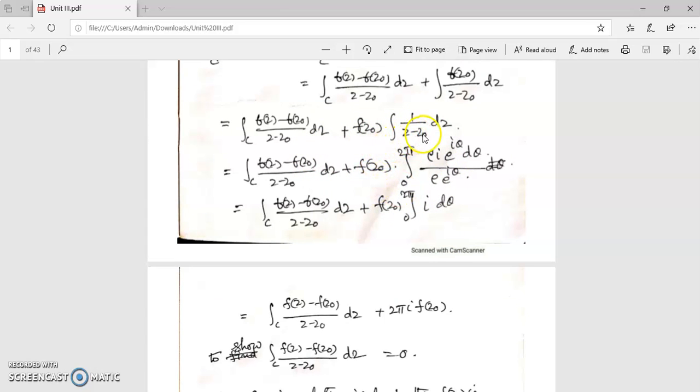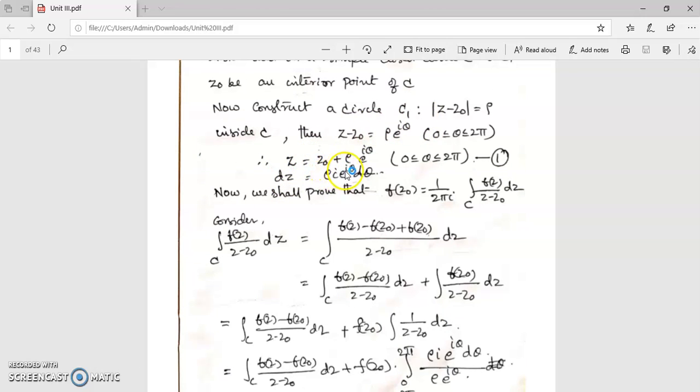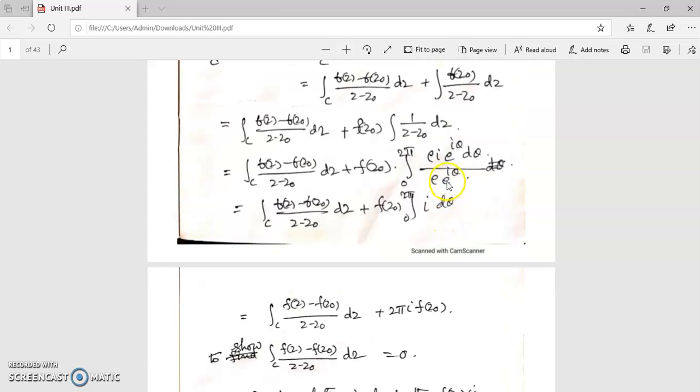Here we know that z minus z0 is equal to rho e power i theta and dz is equal to rho into i into e power i theta into d theta. Substituting this and cancelling e power i theta and rho, we get i into d theta.